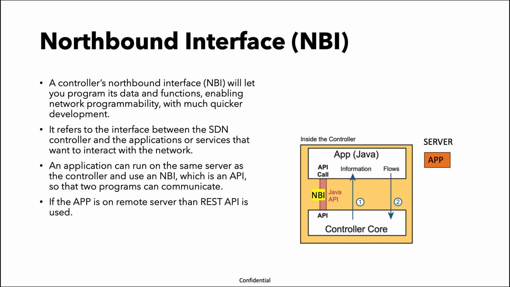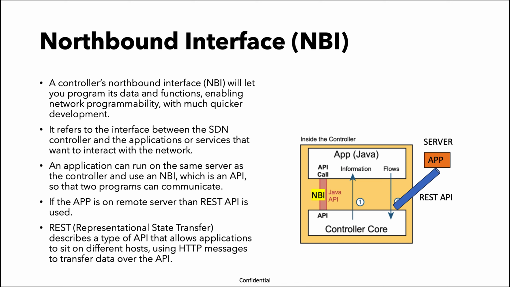Here the REST API comes into the picture. REST API, also known as representational state transfer, describes a type of API that allows applications to sit on different hosts, and it uses HTTP messages to transfer data over the API. The API needs a way to send the data back and forth over a network, so I would say the RESTful API meets that need.